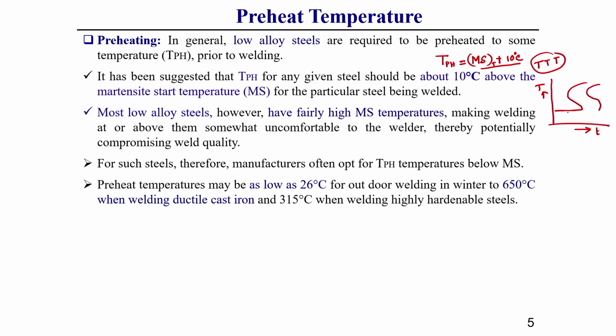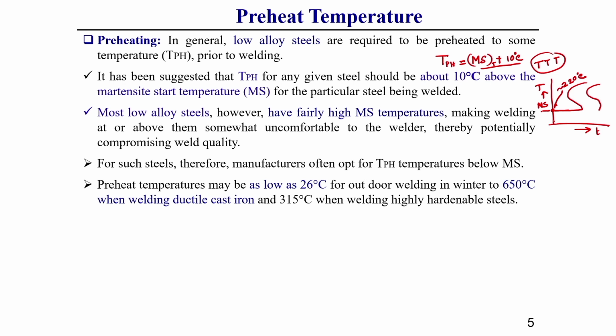This horizontal temperature line is generally called the martensitic starting temperature. In plain carbon steel, this temperature is in the range of around 220 degree centigrade for mild steel types of material.